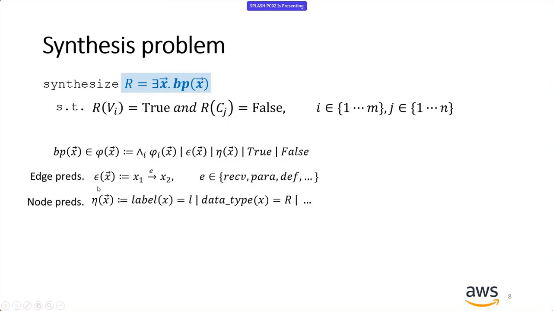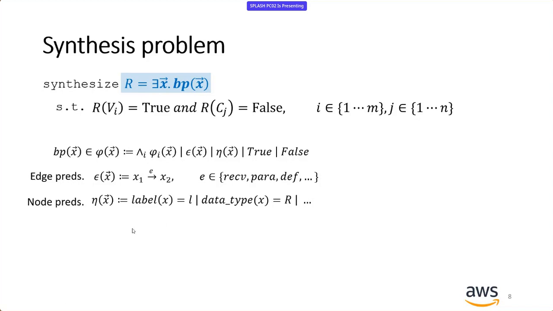The edge predicates are expressing relations between different nodes in the program, and node predicates are expressing properties at different nodes in the program. Examples of edge predicates could be relations like these two nodes are connected by a receiver edge. So the data node is a receiver of the action node, like a method call. And node predicates could be that the label at this node is a call to method foo, or the type of this node is an input stream, and so on.